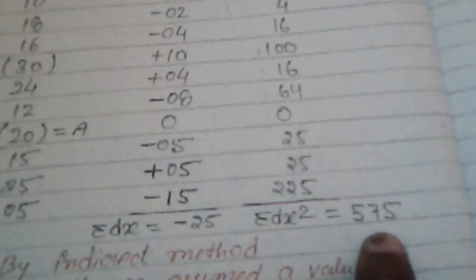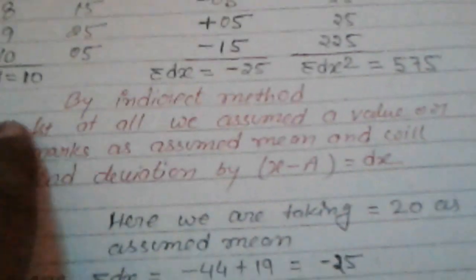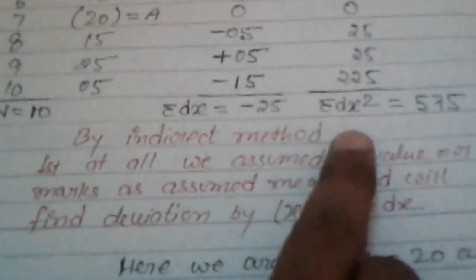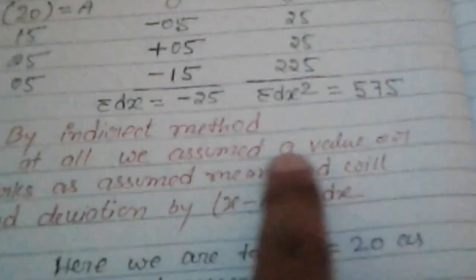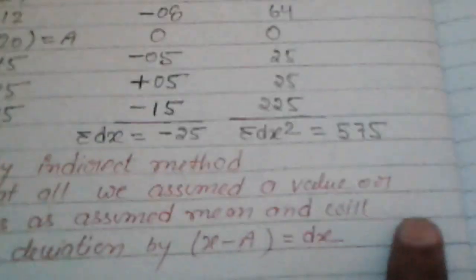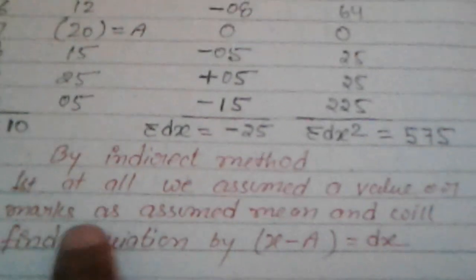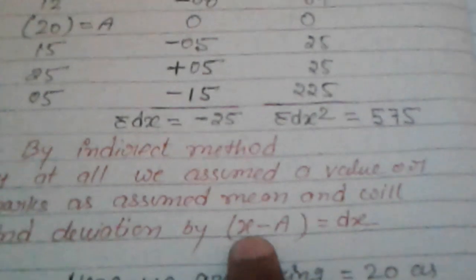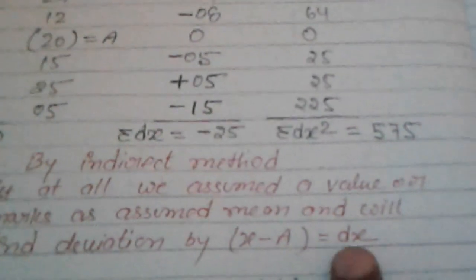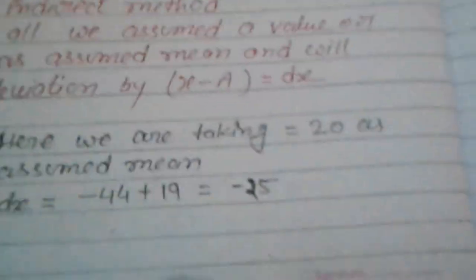Here you can see sigma dx equals minus 25, and sigma dx squared equals 575. By the indirect method, we first assume a value of marks as the assumed mean, and find deviation as variable x minus assumed mean, which is called deviation dx.